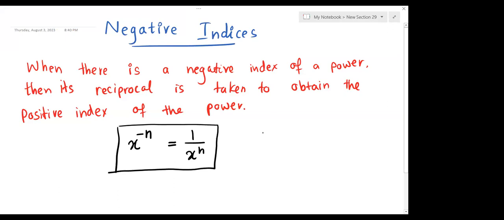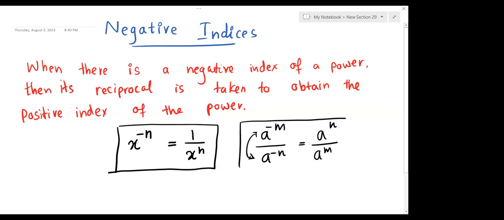Or if it is 1 upon a to the power of minus n, then we write a to the power of n. That means we change the numerator and the denominator. Okay, a to the power of m. Write down these two.